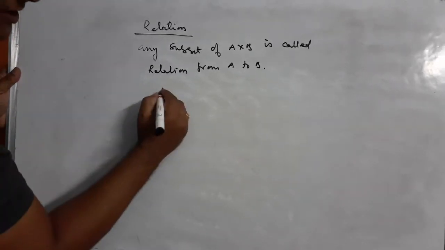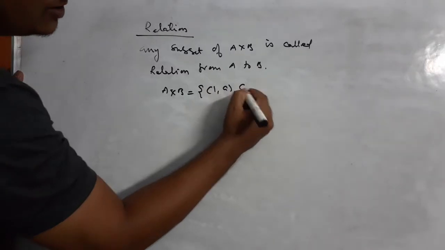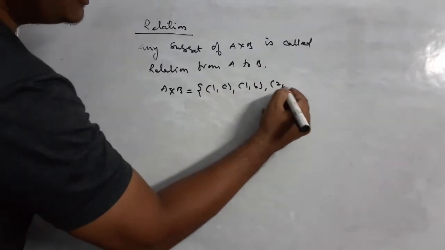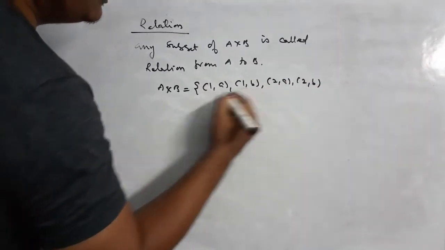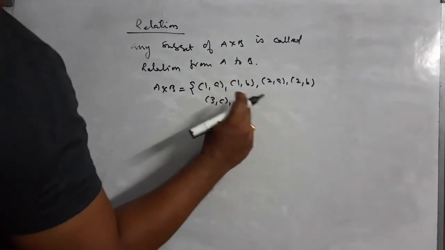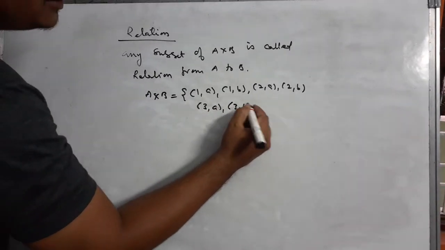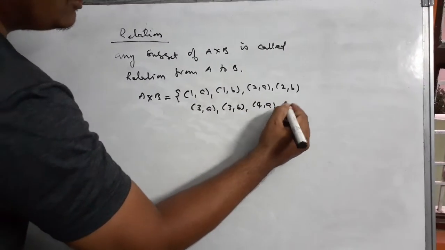For example, A cross B is equal to {(1, a), (1, b), (2, a), (2, b), (3, a), (3, b), (4, a), (4, b)}.